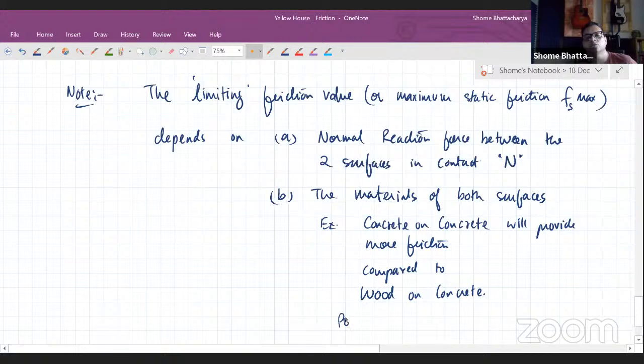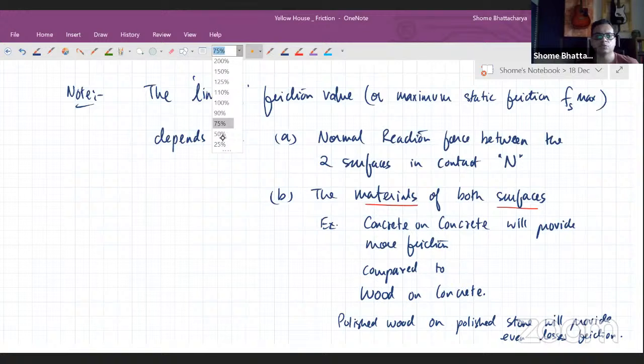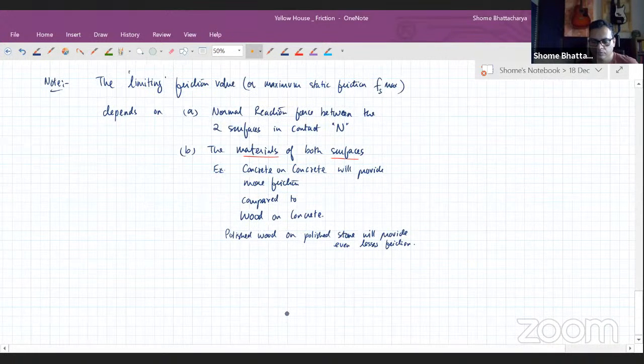Okay, polished wood on polished stone will provide even lesser amount of friction. So it just doesn't depend on the normal reaction alone. It also depends on what material both the surfaces are made of. Okay, so how that affects, we'll discuss about that next. First, make a note of this point. So it depends on these two factors.